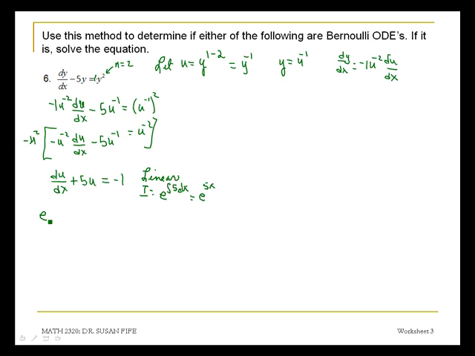So multiplying each term by e to the 5x, we get e to the 5x du dx plus 5u e to the 5x is equal to negative e to the 5x. And this left side of the equation can be written as a single derivative, d dx of e to the 5x times u.